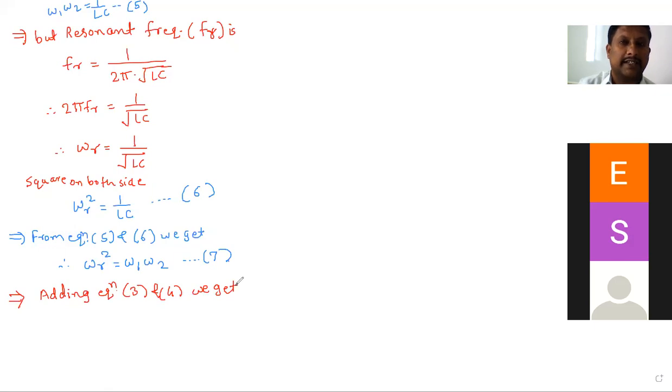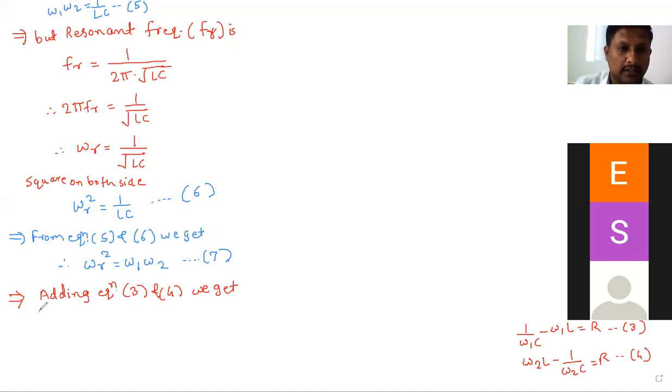So how to add equation 3 and 4? 1 upon omega 1 into C minus omega 1 into L is equal to R. This is equation 3. And equation 4 is what? Omega 2 into L minus 1 upon omega 2 into C is equal to R. These 3 and 4 we have to add. Means left hand side is added with left hand side, right hand side is added with right hand side.